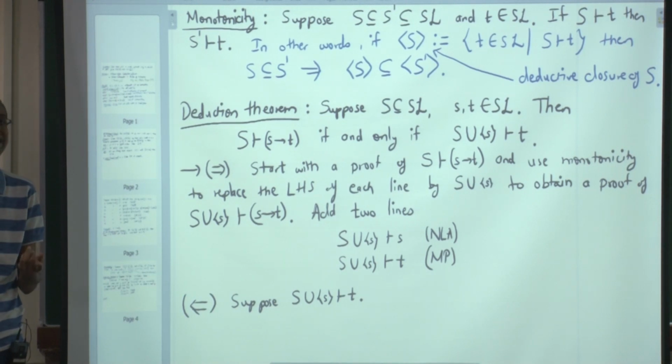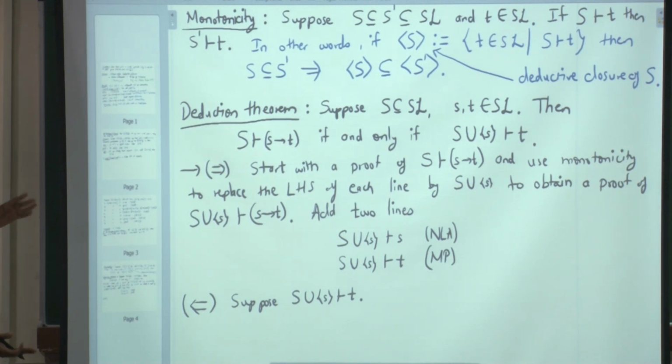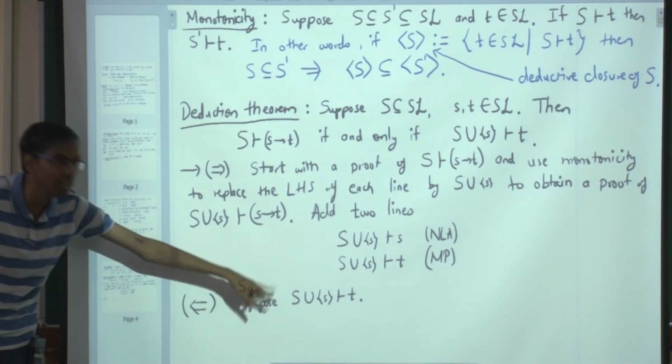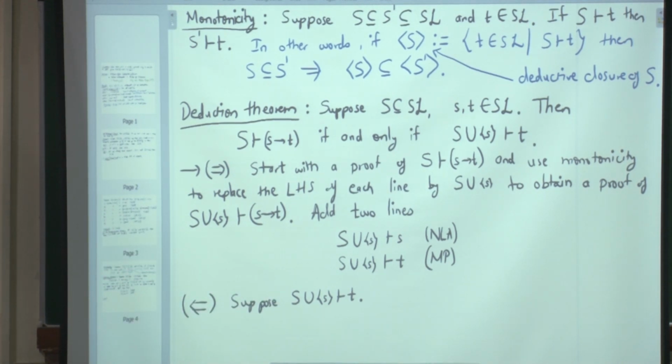We are again going to use induction on the line, and we are going to replace each line by finitely many lines, so that in total I will again have a finite union of finite sets of lines, which means a finite proof. Yeah, that is important. I always need a finite proof, but our idea would be that we don't want S union singleton s on the left hand side. We always need just capital S on the left hand side.